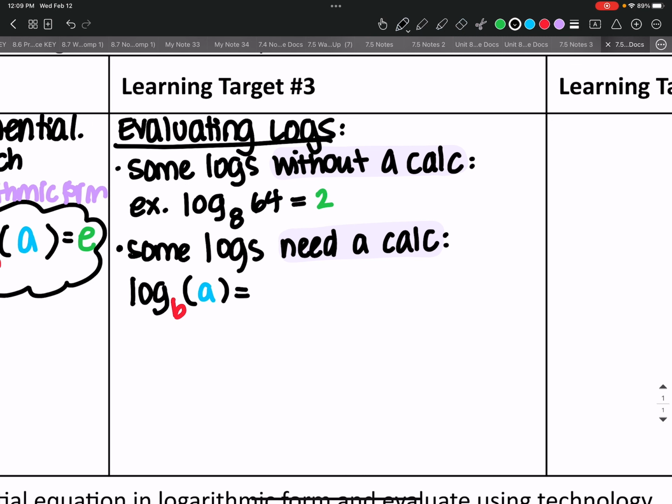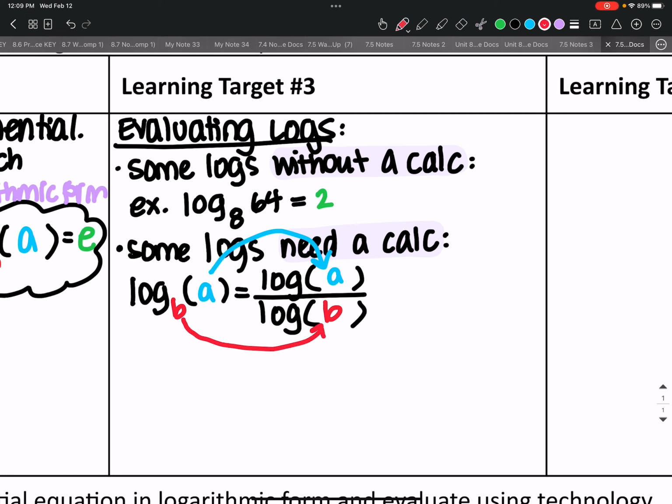in order to put it in our calculator, we will do a fraction or a ratio where we would do log base 10 of a over log base 10 of b. So we just put the answer into the top logarithm and the base in the bottom logarithm, b for base, b for bottom.